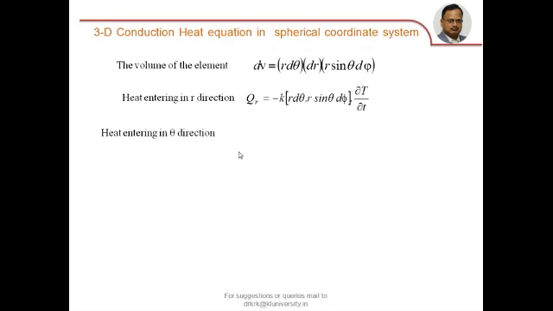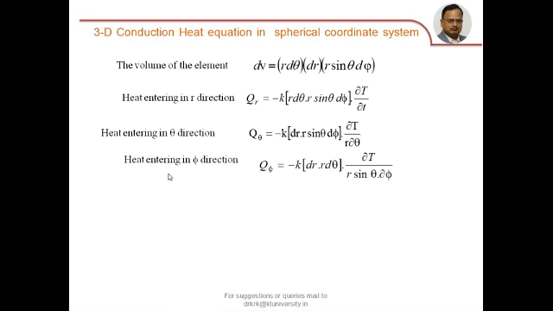Hence, q theta is equal to minus k dr r sin theta d phi into dou T by r dou theta. Similarly, the heat entering in phi direction is q phi equal to minus k dr r d theta into dou T by the thickness in phi direction, which is r sin theta dou phi.